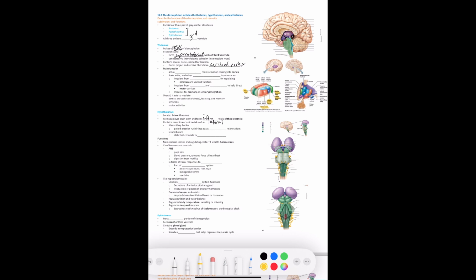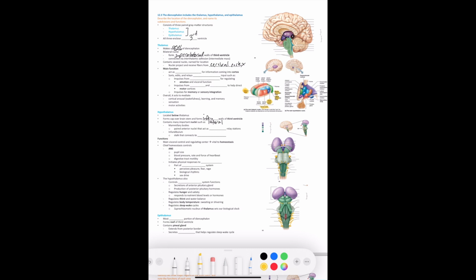Once again, when we refer to nuclei, we're referring to a cluster of cell bodies in the central nervous system. Therefore, we have all these different synapses of these different neurons where the cell body is going to be found here. And the axons of the neurons that they are synapsing with are going to travel to other areas of the brain. So for instance, we just discussed the cerebral cortex.